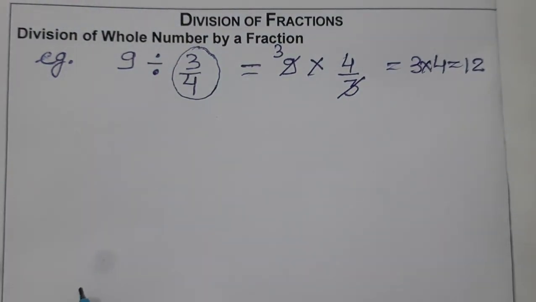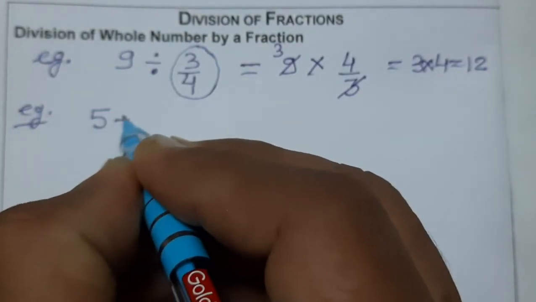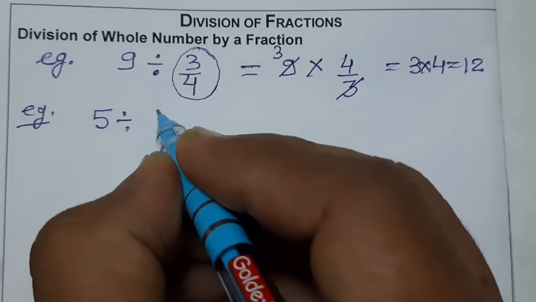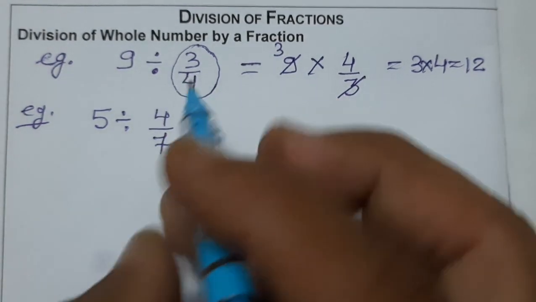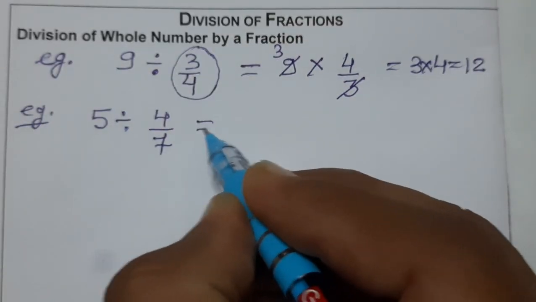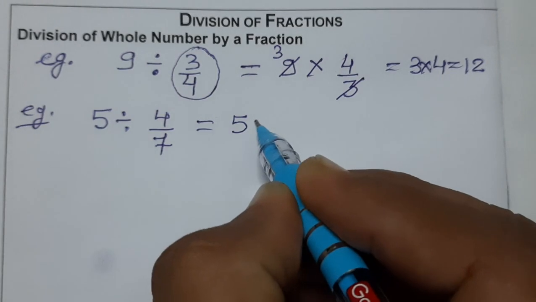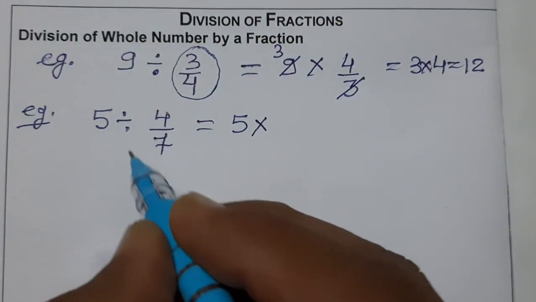Now see one more example. 5 divided by 4 by 7. See, one whole number divided by a fraction. So 5, divide is changed to multiplication, and we have to take the reciprocal of 4 by 7.